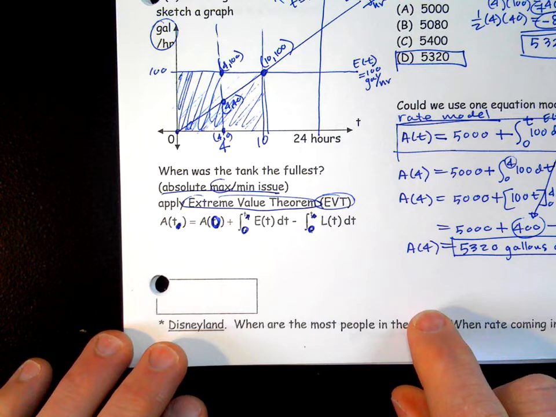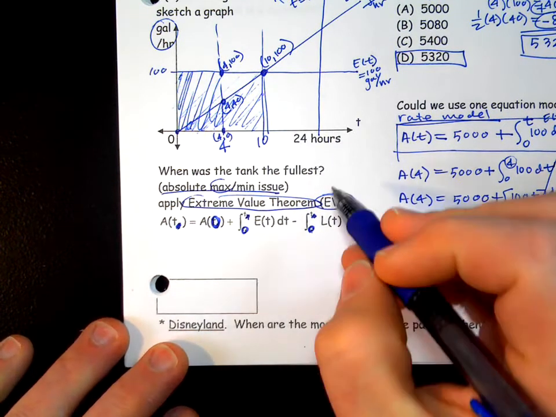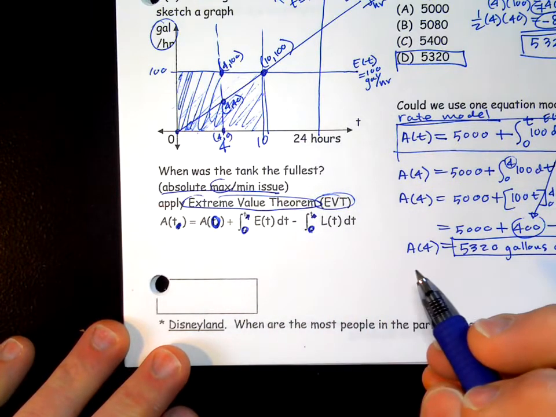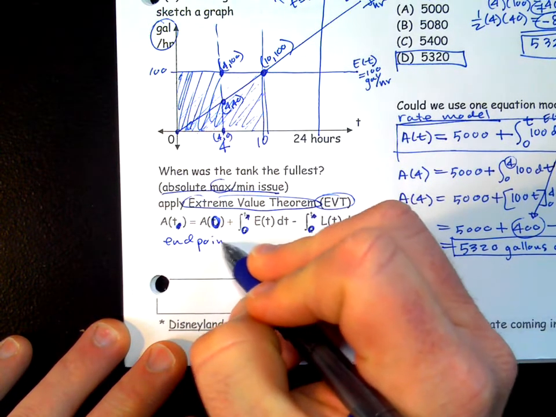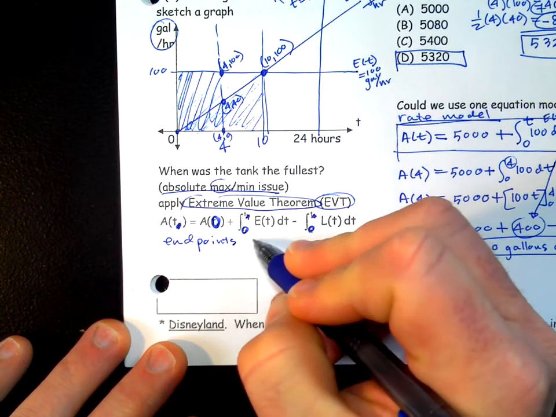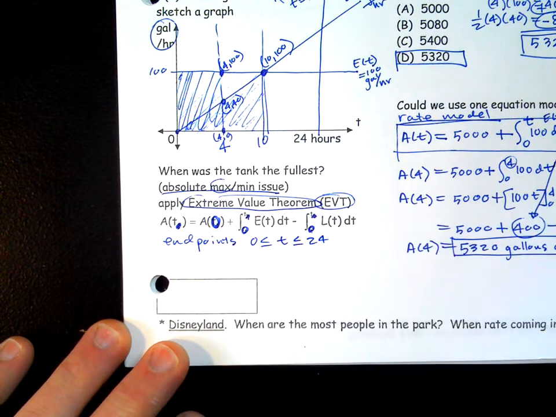But extreme value theorem says you need to check the endpoints and critical points. So the endpoints are going to be usually described to you in the problem. Like for us, it's over the course of a day. So it's 0 to 24. So those are our endpoints.